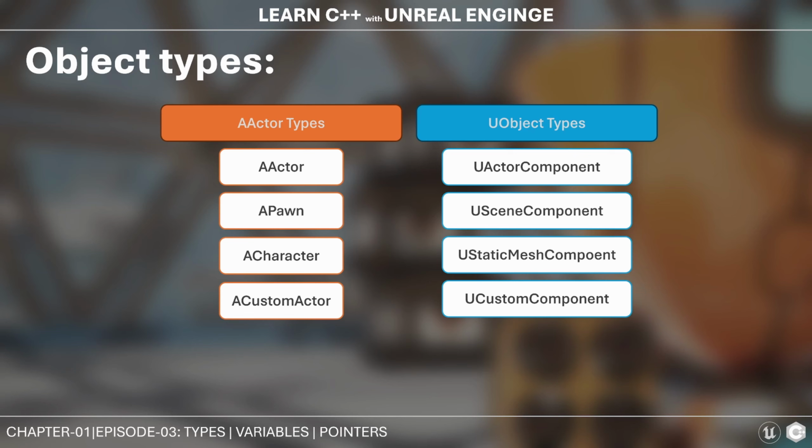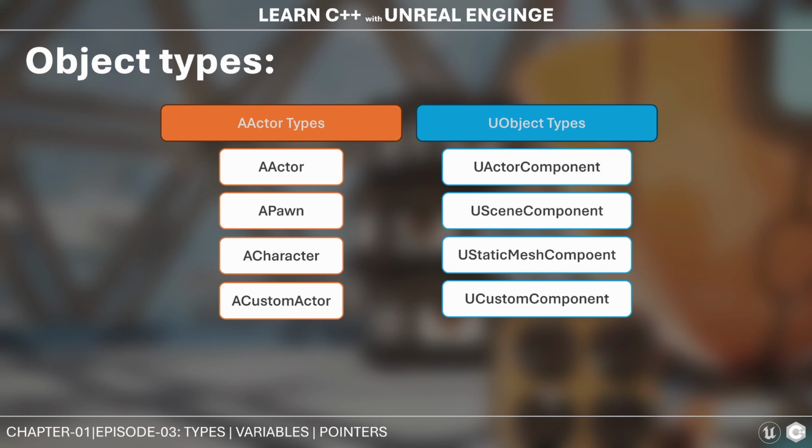Some examples for the first category, which we call AActor types, are AActor, APawn, ACharacter, and custom actors that we can make. All of them inherit from actors. We will learn about inheritance later when we talk about it. But just to know, everything that you can put in your level that has a certain location, rotation, and position in the world, you can call an actor.